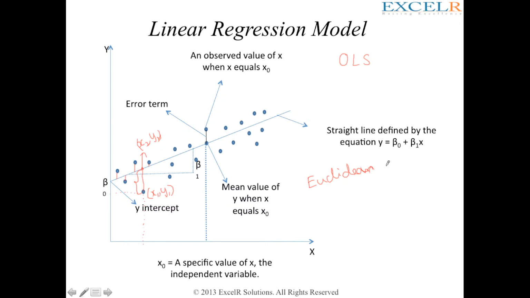and there are many other ways of calculating the distance: Euclidean, Manhattan, Mahalanobis, so on and so forth. We'll stick to this. It is square root of y2 minus y1 whole square plus x2 minus x1 whole square. You get the distance of this data point from this line.